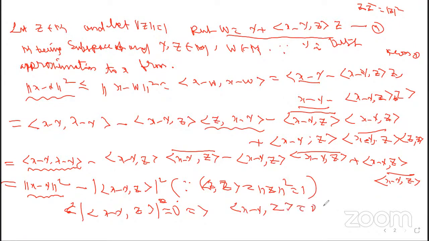That gives us, by definition, x minus y is perpendicular to z. That implies this gives us, for all z, x minus y belongs to M perp. M perp means perpendicular. So this result, x minus y is perpendicular to z, is nothing but x minus y belongs to M perp. This completes the proof. Hence proved.